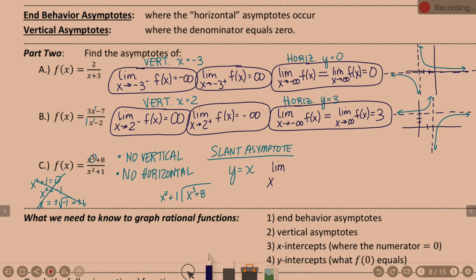The limit as x approaches negative infinity of f of x, and the limit as x approaches positive infinity of f of x. What does the line y equals x look like? It's a diagonal line going through 0, 0. That's what our graph is going to have as an asymptote, something along those lines.